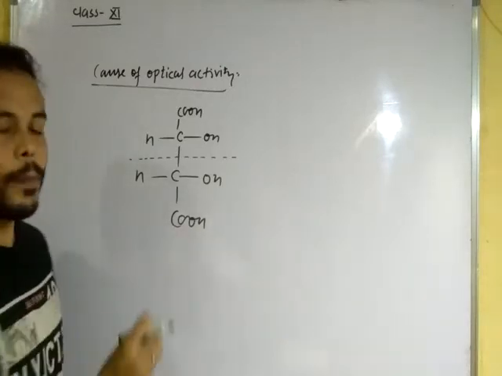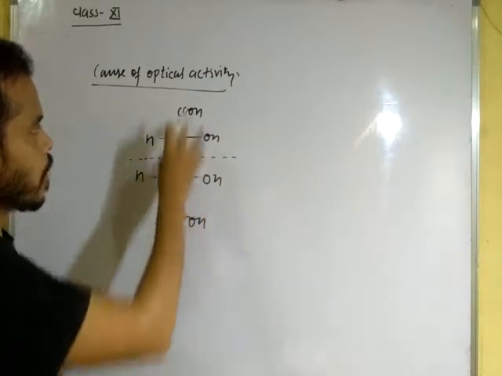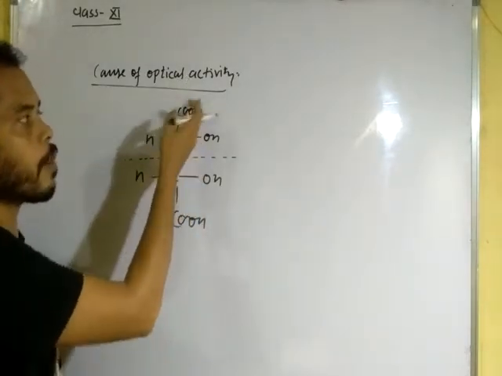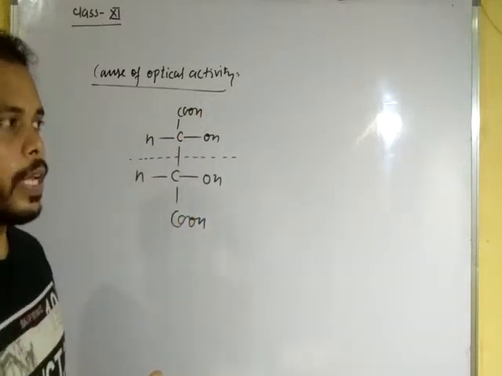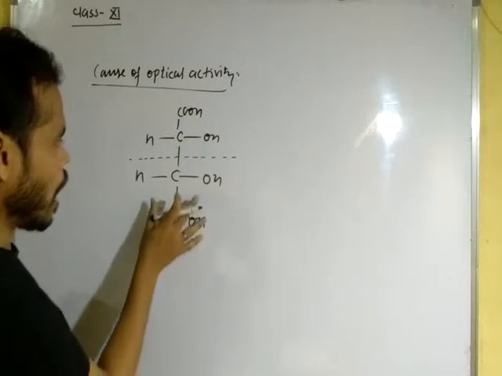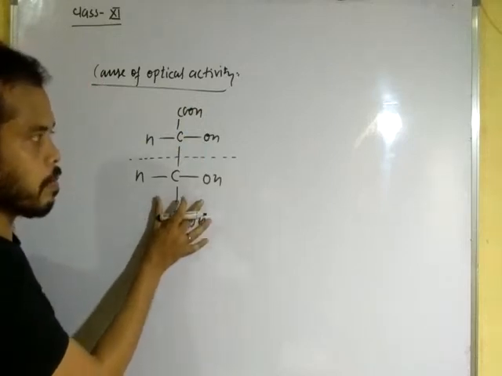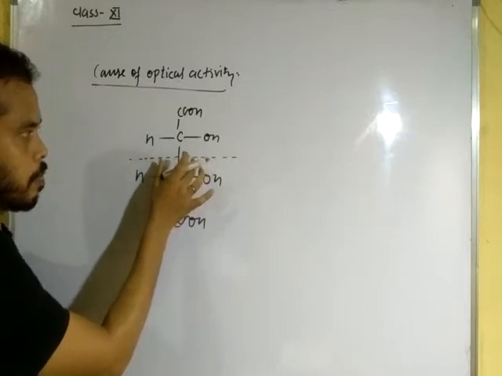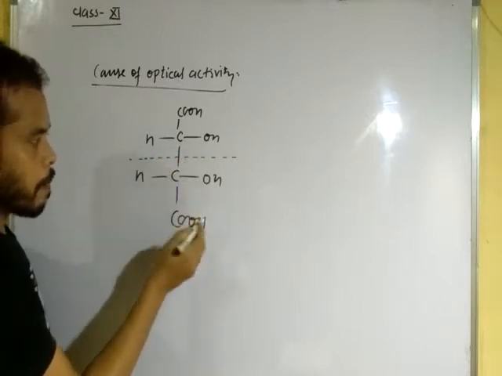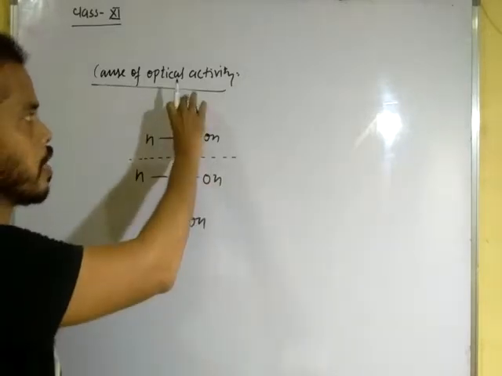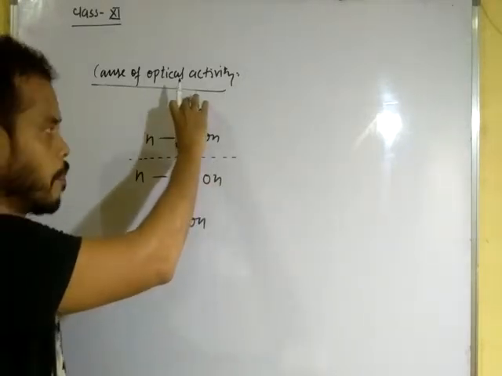this is optically inactive, because half of this molecule, the upper part, rotates the plane of polarized light in one direction, while the half below the plane rotates it in the opposite direction to that of the upper part.